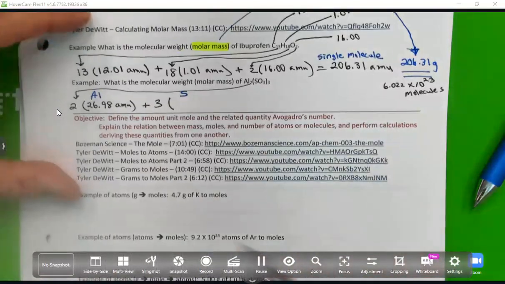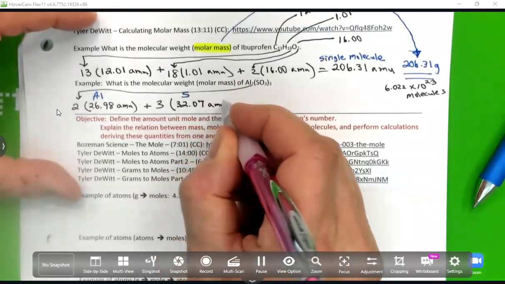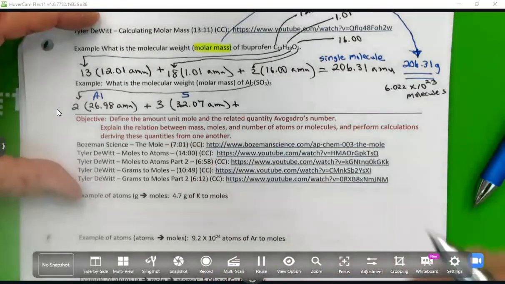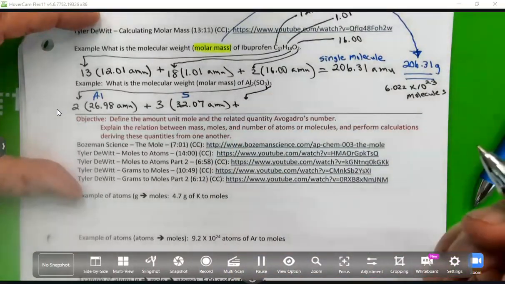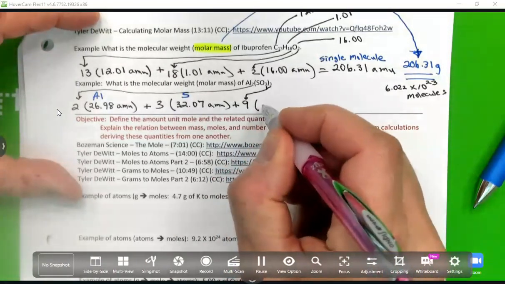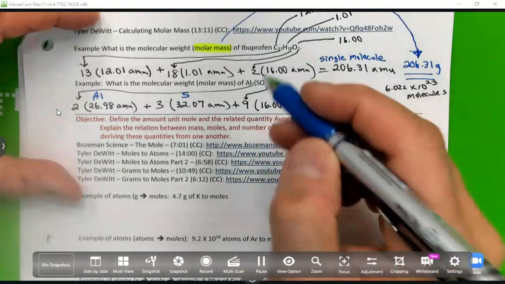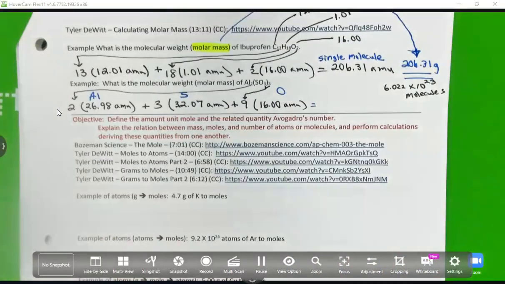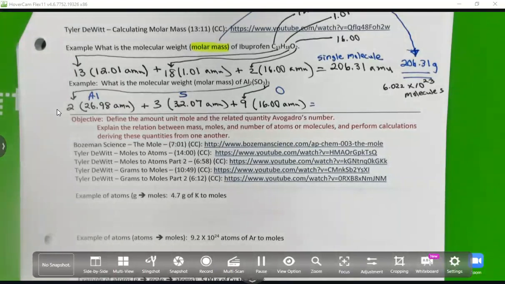We're doing 2 decimal places. Plus, how many oxygen? 9 oxygen. Now your calculator will do it as you see it without parentheses. Your calculator will do 2 times 26.98 plus 3 times 32.07 plus 9 times 16. It'll do it just as you see it.